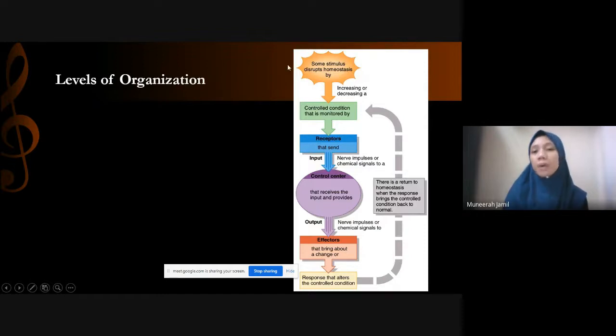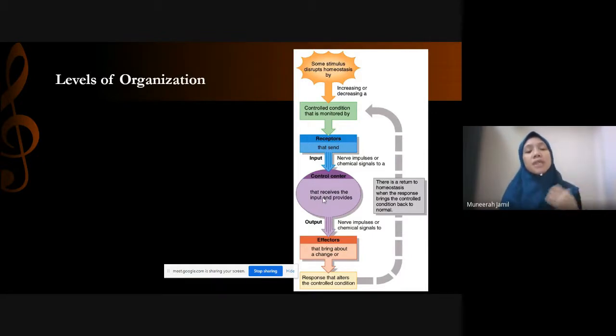If there is a change that disrupts the homeostasis process itself, it will cause increasing changes or decreasing changes. So this control condition is monitored by the receptor, which captures those changes, and then sends the input to the control center, to the brain. So the brain will receive the input and interpret it.